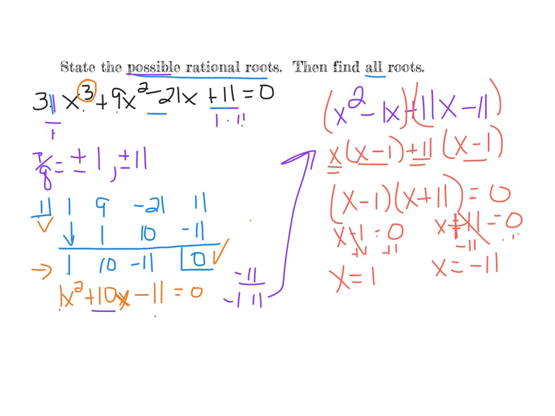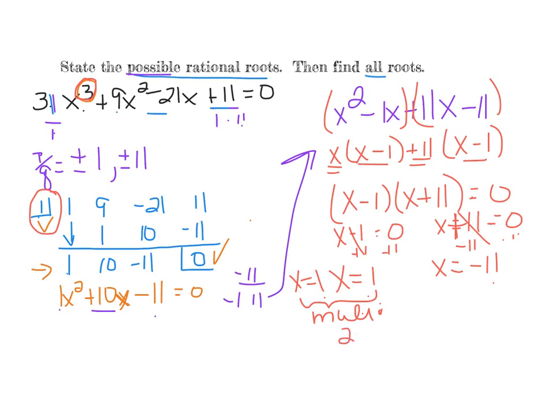And please don't forget, I already had this one that I found at the very beginning when I was dividing. So if you take a look, I have a degree of 3. So I expected to see 3 zeros, and I do have 3 zeros. Now the fact that these are the same, that means there is a multiplicity of 2 here.